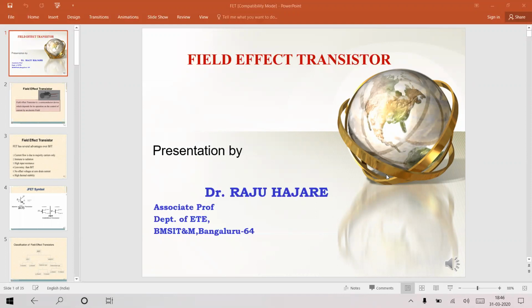That's why this FET is called a unipolar transistor, where you are controlling the current through the device by controlling or varying the voltage at the gate. That is FET.